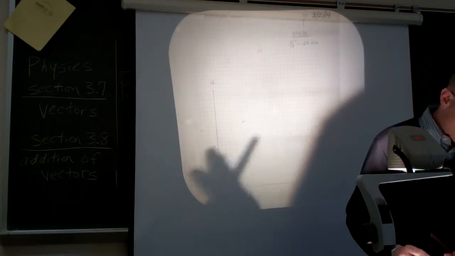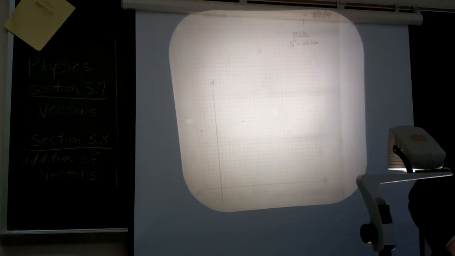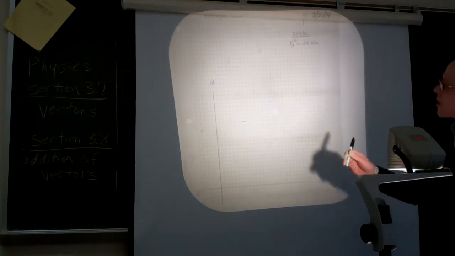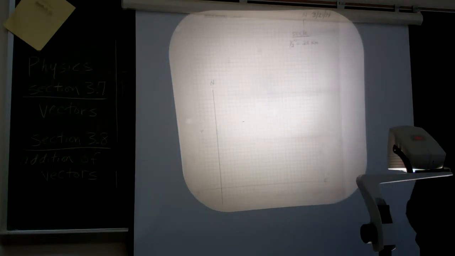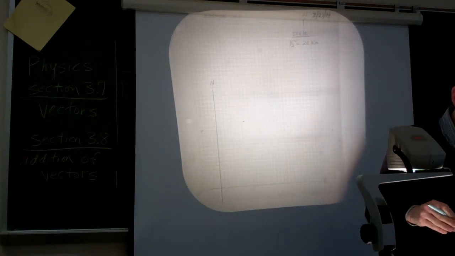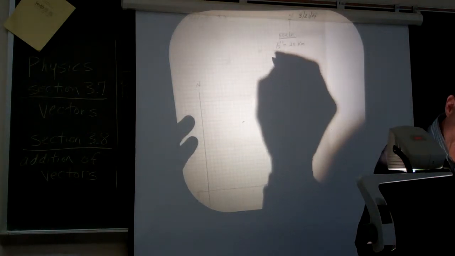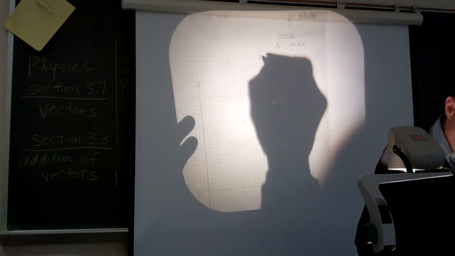All right, so the first vector is 100 kilometers due north. Now I've got a scale of a half inch equals 20 kilometers, so I do have to do a little calculation. I can do it right here on the graph.